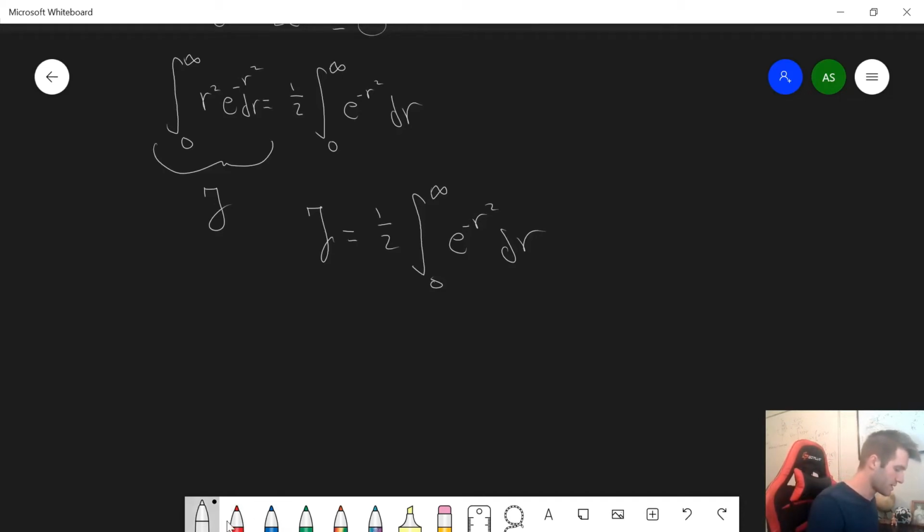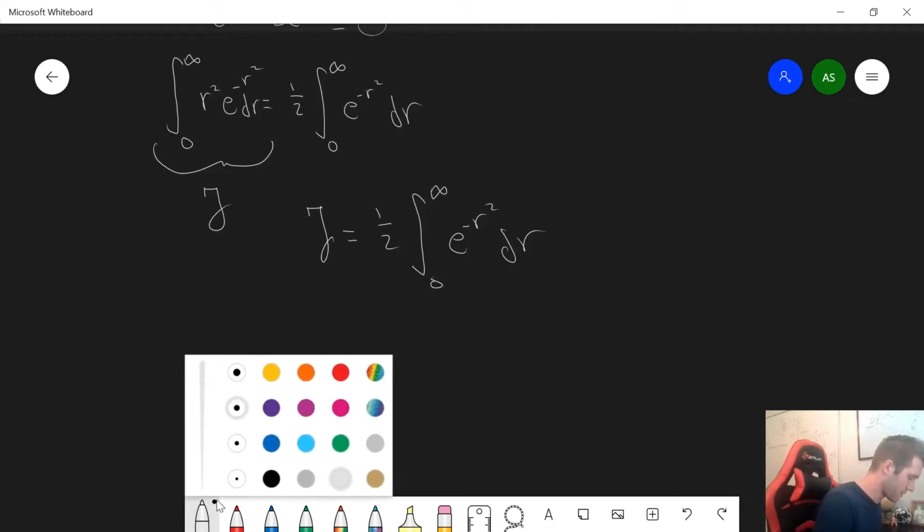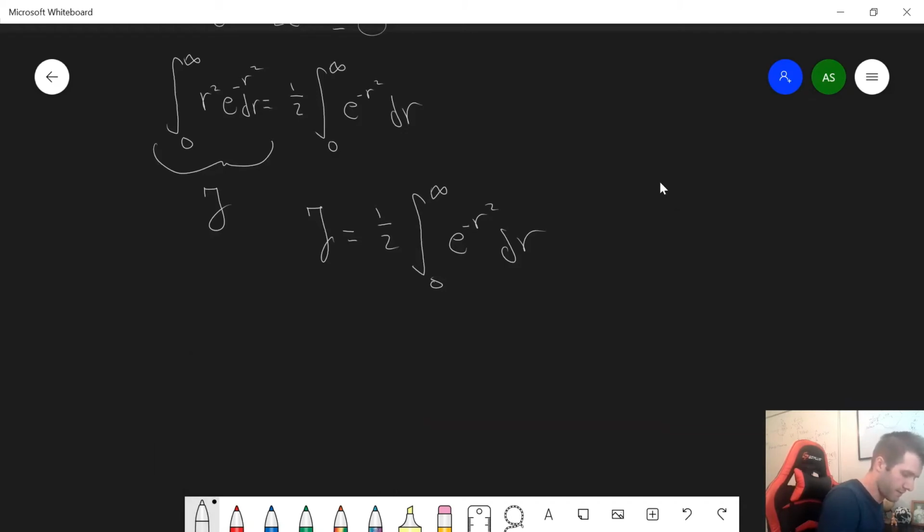So what this essentially means is if we were to draw this on a graph where we have this bell-shaped curve which describes our Gaussian integral, it's not symmetric, but bear with me, well then we have one side that goes on to infinity, to plus infinity.